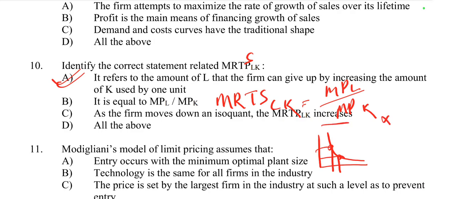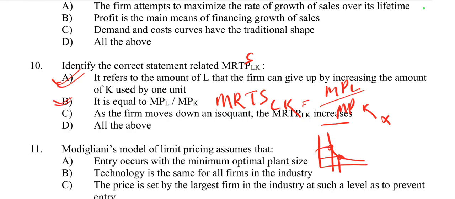Generally MRTSLK decreases, because the marginal rate of substitution typically diminishes as more of one input is used in place of another, not increases. So this statement is incorrect. So options A and B are correct.